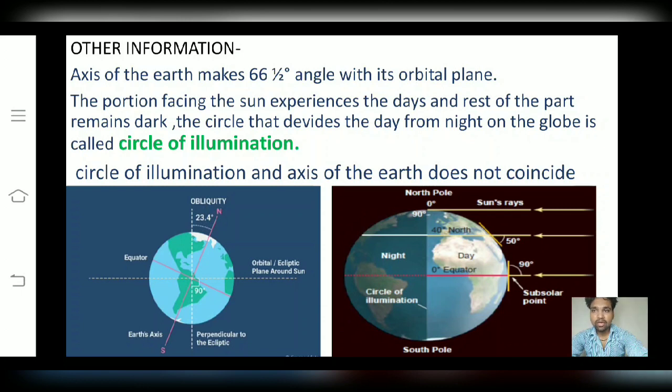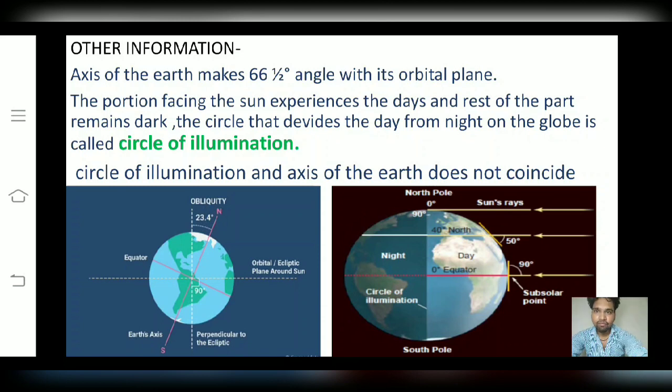Basically orbital plane is the vertical line. So the portion which experiences the sunlight falls in day and the rest of the part remains in dark. So friends, the lighter part and the dark part is divided by which line? That line is known as circle of illumination.